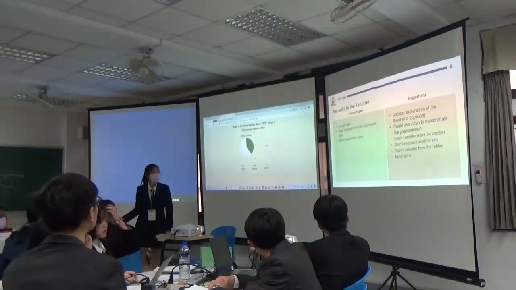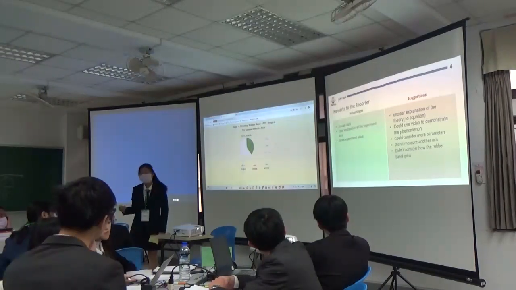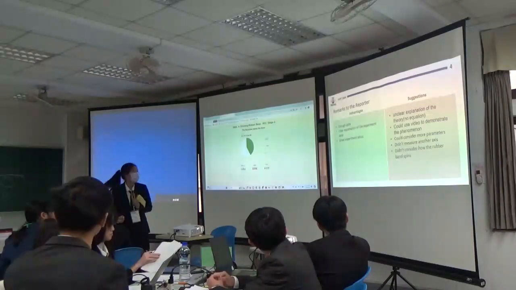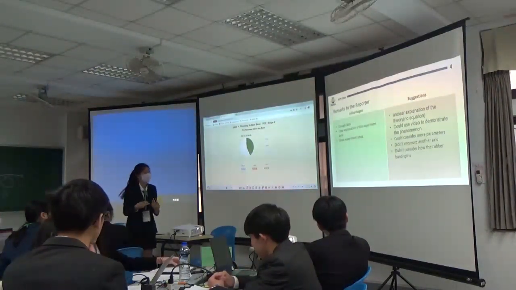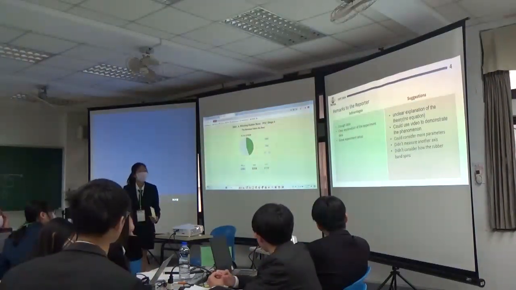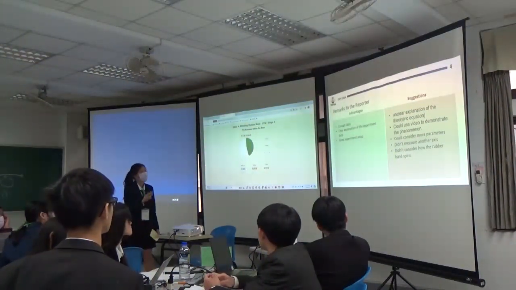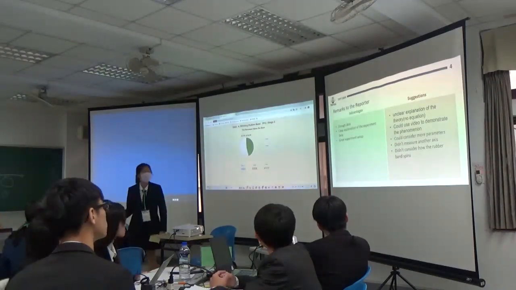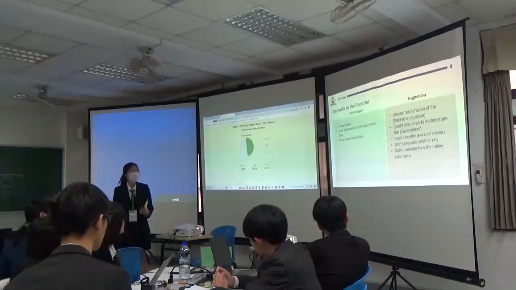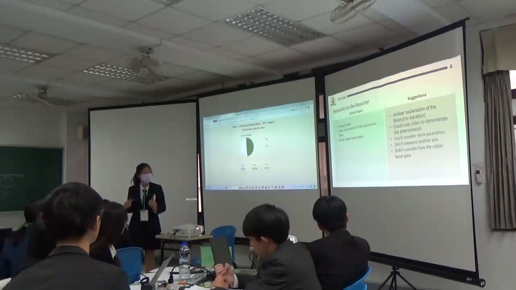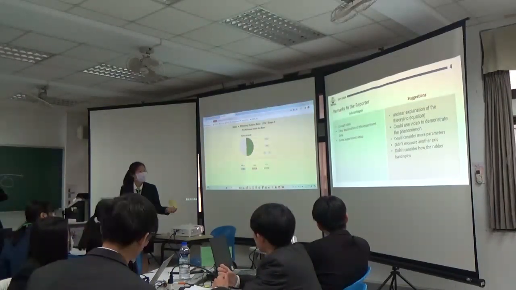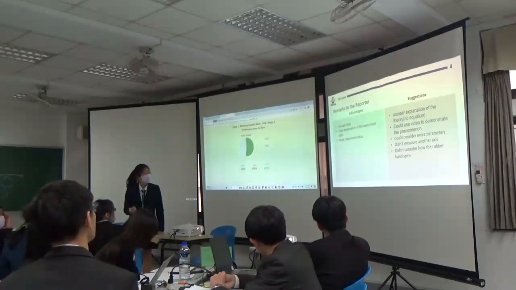For some suggestions, the first is that they didn't have the equation in their presentation, and they could use video to further demonstrate the phenomenon, and they could consider more parameters. They didn't measure the other axis of the rubber band's flying, and they didn't consider how the rubber band is.